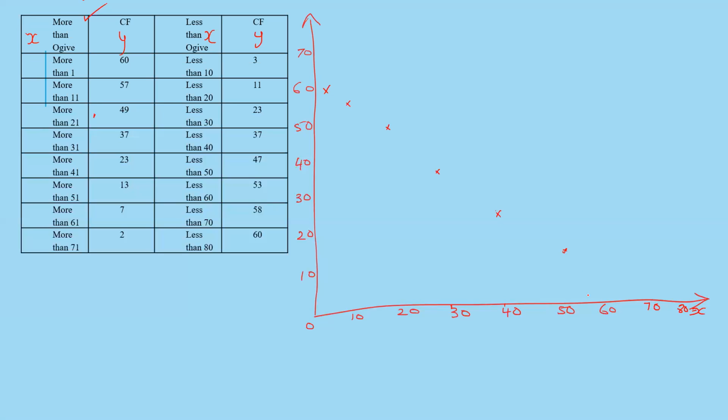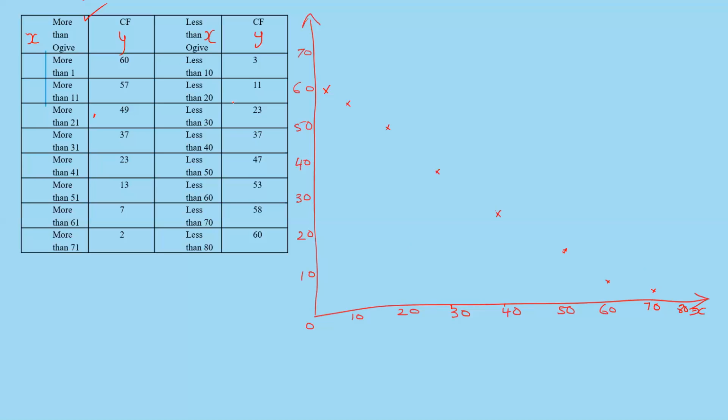And then 61 comma 7, so less than 10. And then 71 comma 2. So we can see the shape of the more than ogive, more like an S shape. It takes a turn. Now let's quickly plot the less than ogive also.